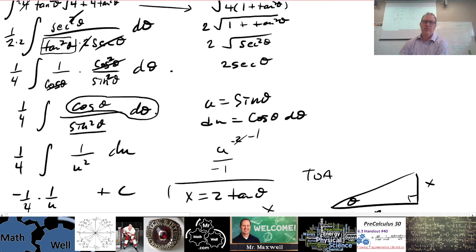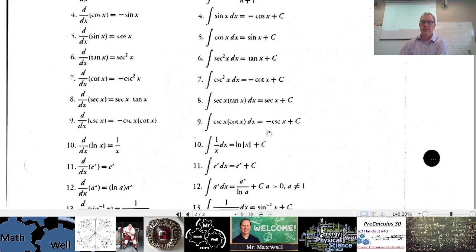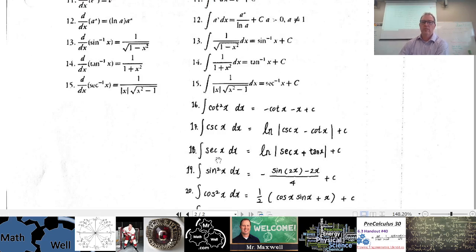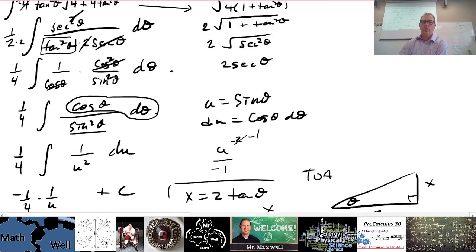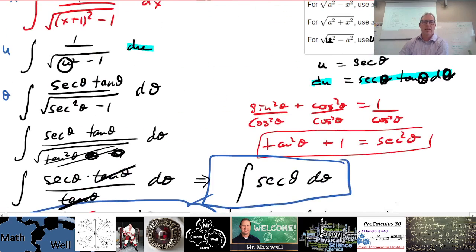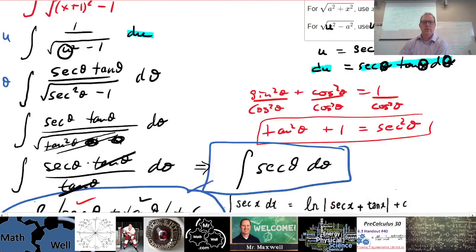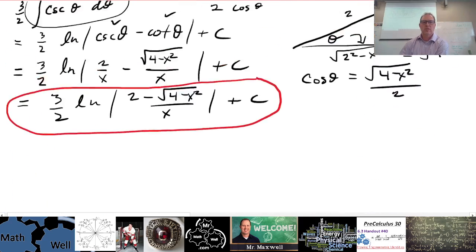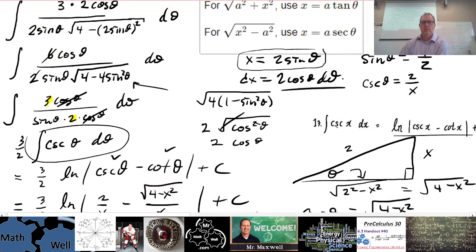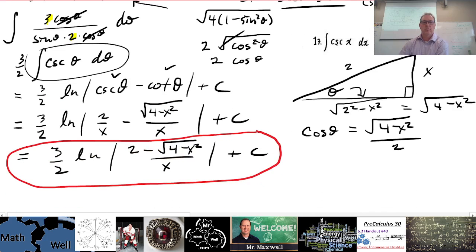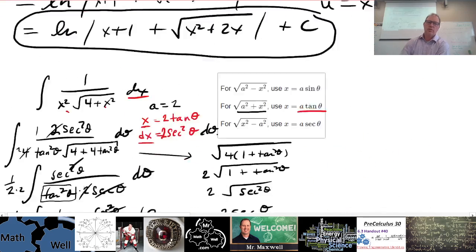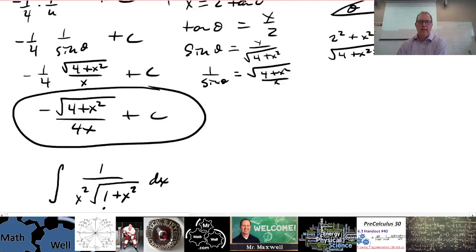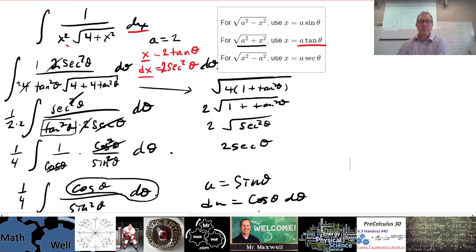Then you might have to either look at an integral chart to help you out, if you get it down to like cosecant or secant or even sine squared, whatever. Or you might have to do the old u substitution that we've done months ago, which is the case here. And in the previous case, that was just looking at the integral chart. So again, integral chart, u substitution might have to be the order of the day too.